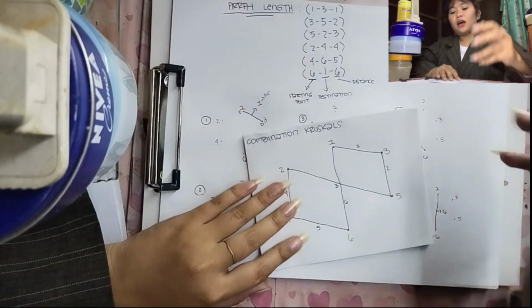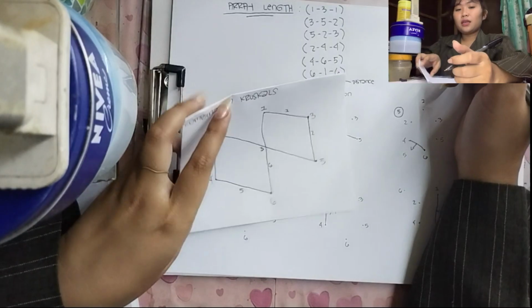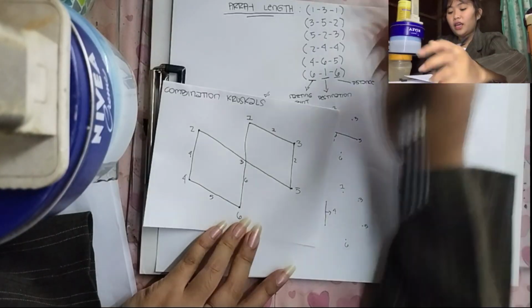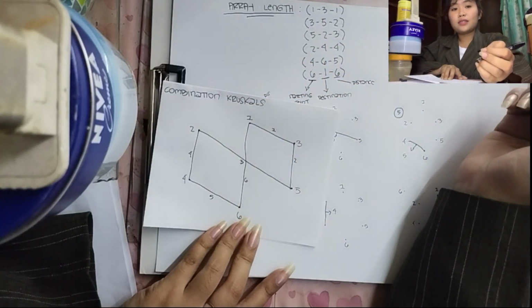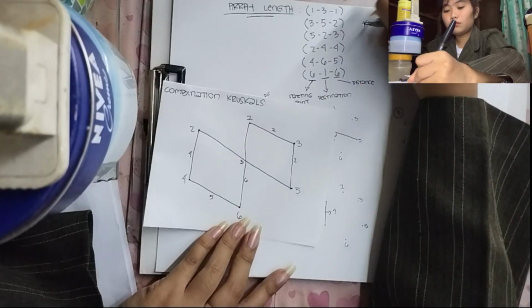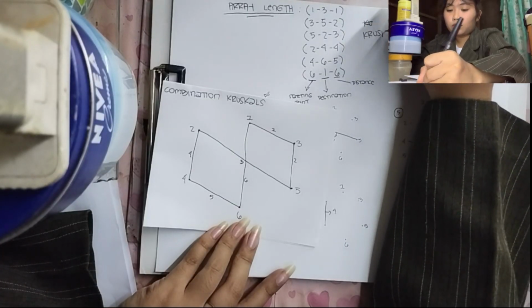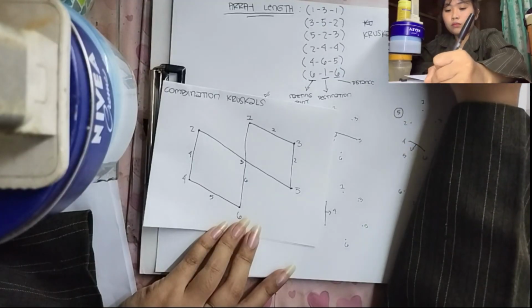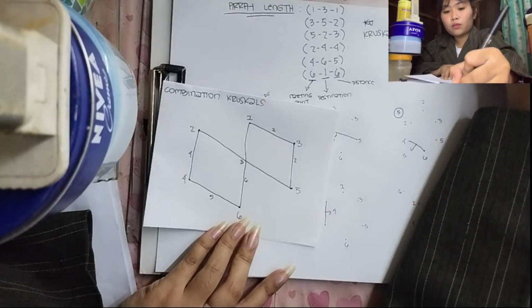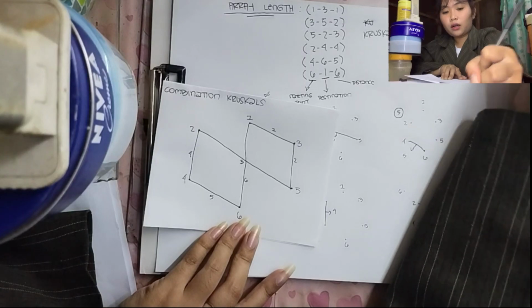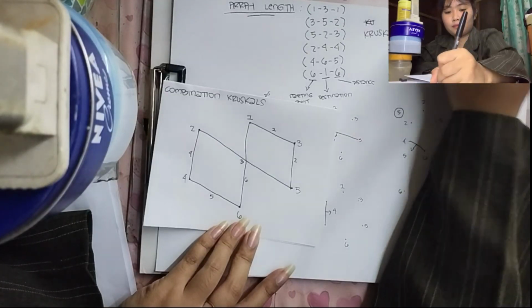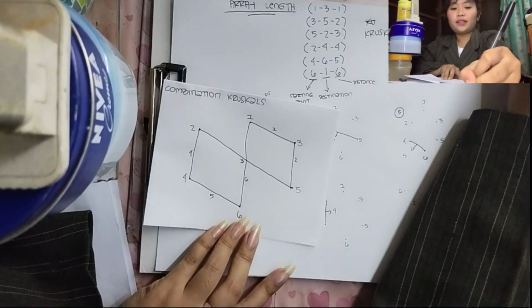So, what we should avoid in Kruskal's is that the pattern should not be circular. It's okay if it is zigzag, but avoid the circular. Don't allow circular pattern. You should know that, guys.